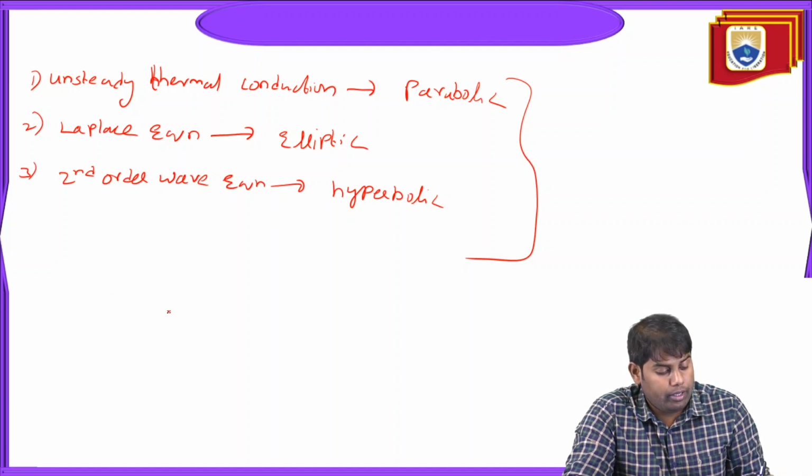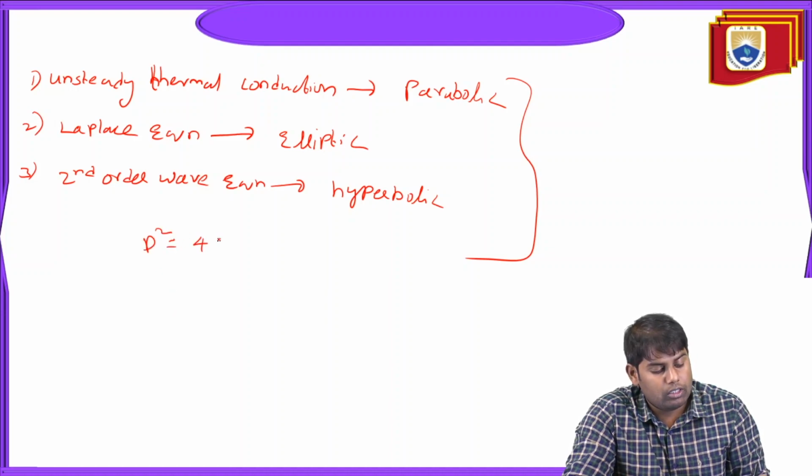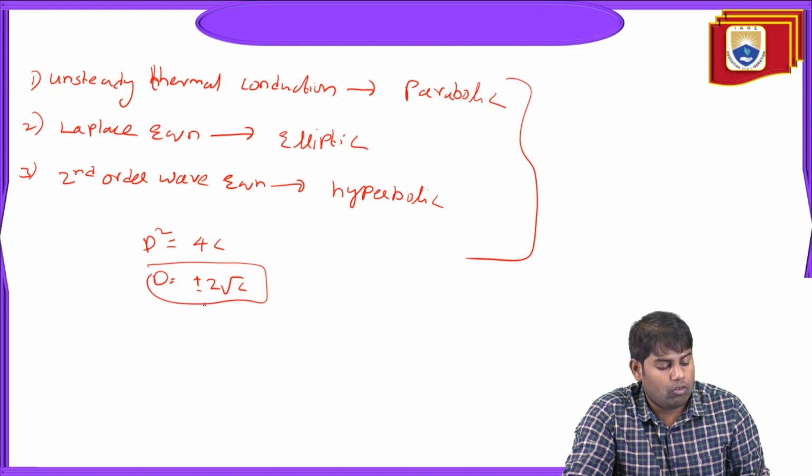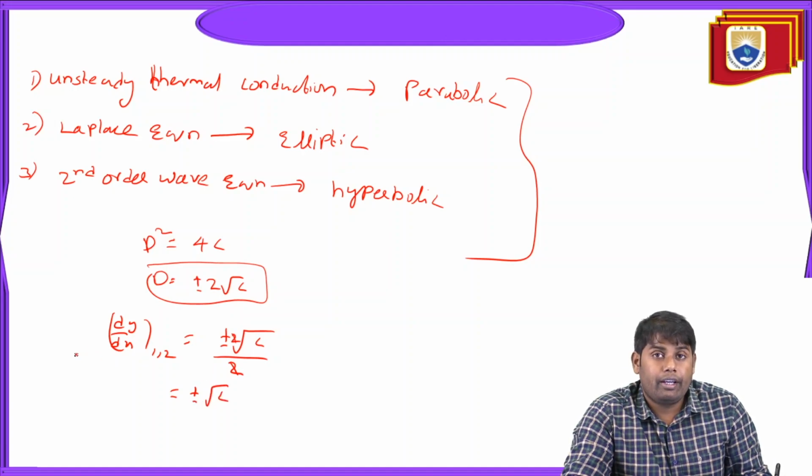In the hyperbolic case, we have D² as, let's say, 4c, so D will be plus or minus 2 root c. Based on this, the roots dy/dx of 1, 2 will be plus or minus root of 2c divided by 2, equal to plus or minus root c. So we have two characteristic equations.